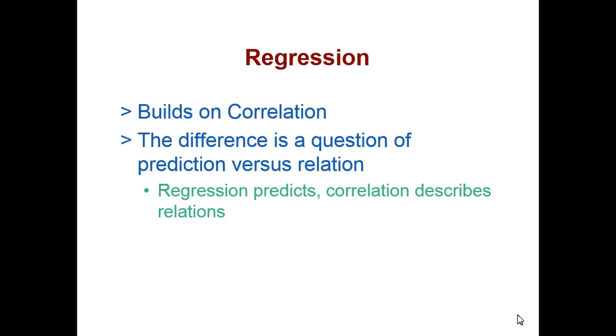And I said we don't really pick an X and a Y, an IV and a DV, because with correlation, the idea is that we don't know which direction it goes. With regression, we are suggesting the relation. I still don't say that it's causal, because causal depends on the research design, and most regression designs are not causal.